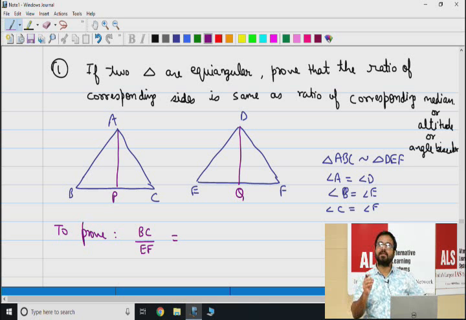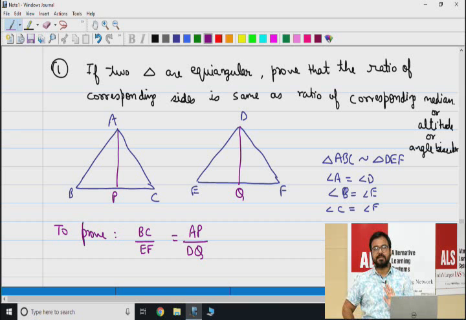Like we use the word equilateral, equilateral means which are of equal sides. Similarly, equiangular means which are of equal angles. That is the meaning of equiangular. So this we have to prove: BC over EF is equal to AP over DQ. These two triangles are already similar, so the ratio of the corresponding sides is also equal to the ratio of the corresponding medians. That we have to prove.